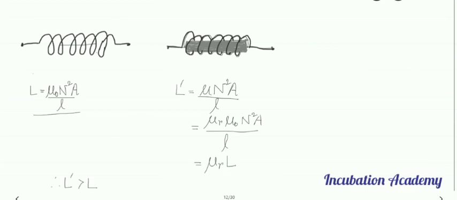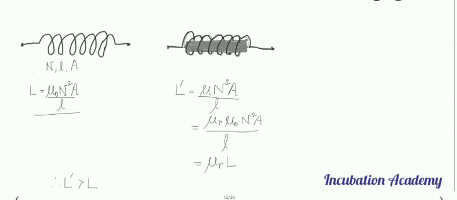Since the space between these windings is not filled by anything, it may be air, so we use mu naught. Capital N is the total number of turns of this coil, small l is the length of the coil, and capital A is the cross sectional area of the coil.